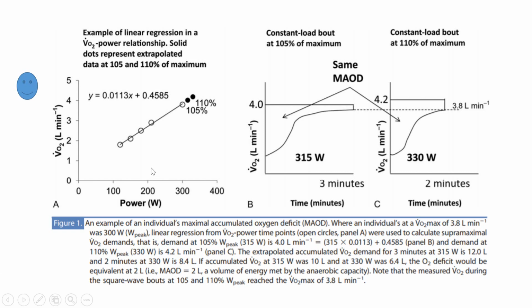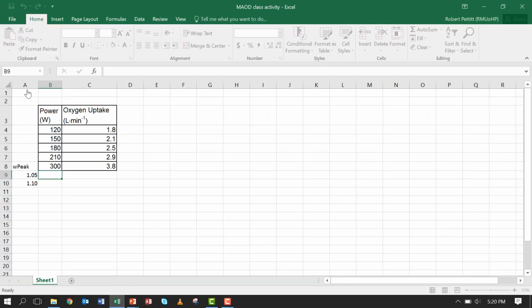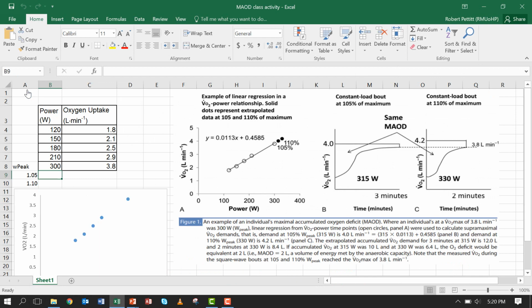If you look at figure 1 of that, there are these dots in the figure, and then there are some black dots representing 105 and 110% of the power. So I'm going to provide you a spreadsheet that runs through that.